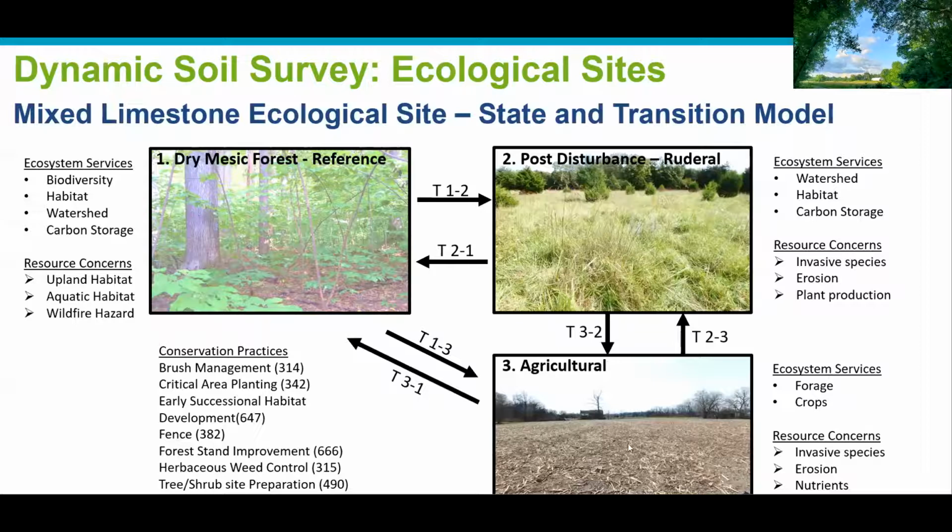If you are in an agricultural setting and you had, let's say, invasive species or a high amount of erosion, which conservation practice would be best to use on this land to give you the result that you're looking for? So it's tying in those ecosystem services, the resource concerns, the conservation practices to help do the voluntary management that NRCS promotes.